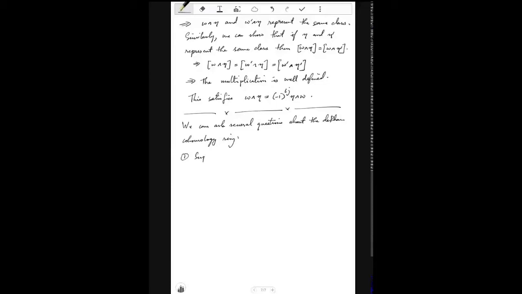So suppose f from X to Y is a smooth map. Then there is a functorial map, ring homomorphism.